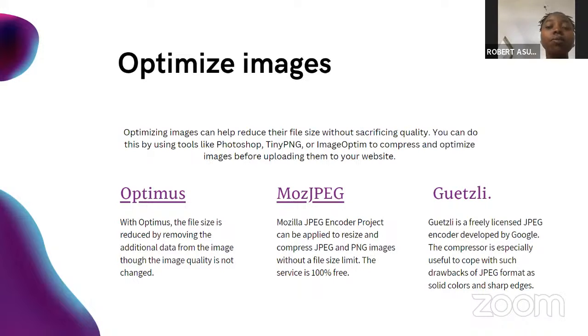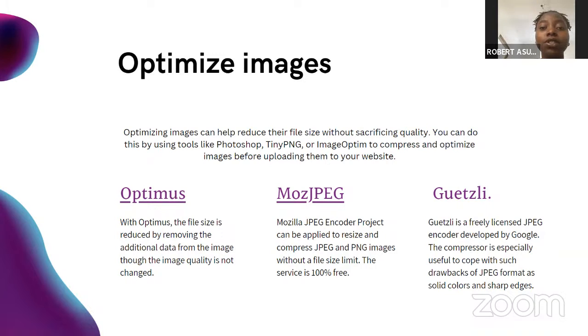This is because images are actually one of the things that can slow down your site. So, especially for websites that include several images, you do not want to make the mistake of uploading several images the way they come. It is important that you take note of this.